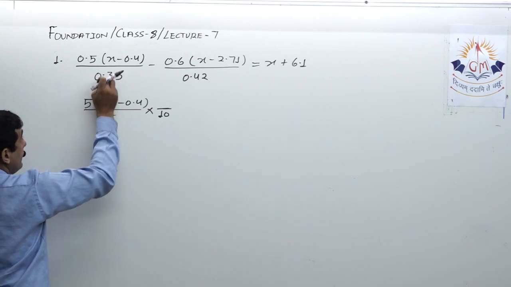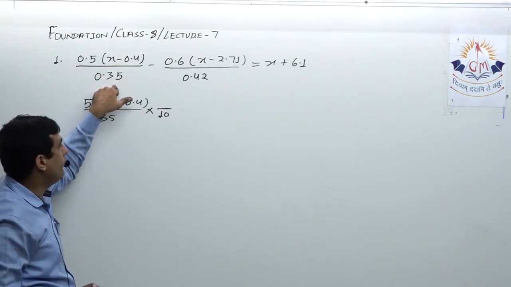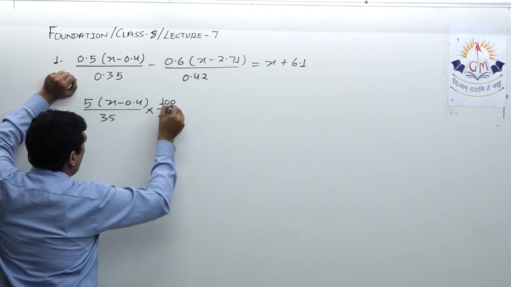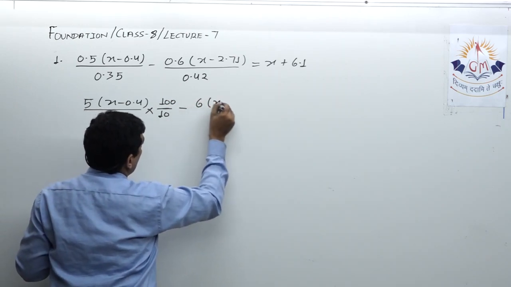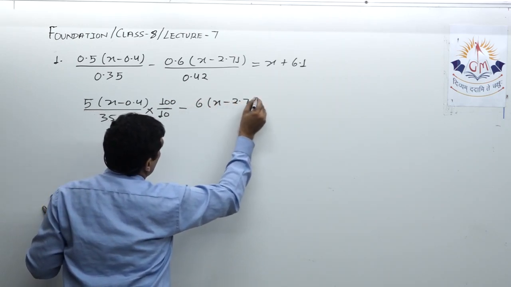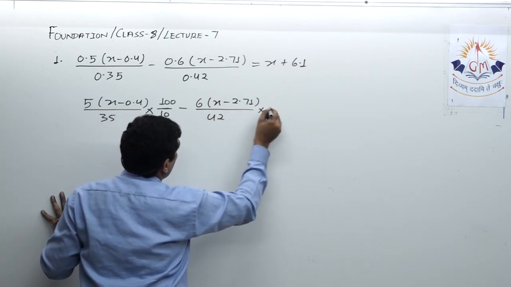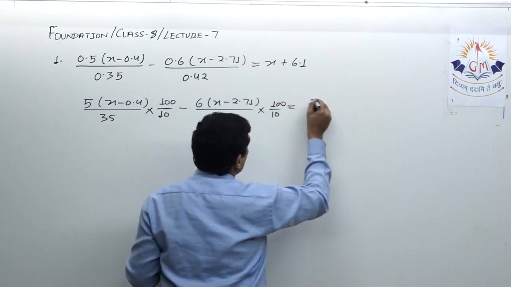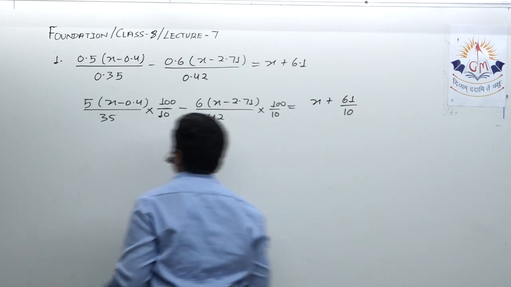I removed decimal from the denominator. There are two numbers after the decimal, so I will multiply by 100 in this way. Minus 6 into x minus 2.71 divided by 42, so again I will do 10 and over here 100, is equal to x plus 61 upon 10.